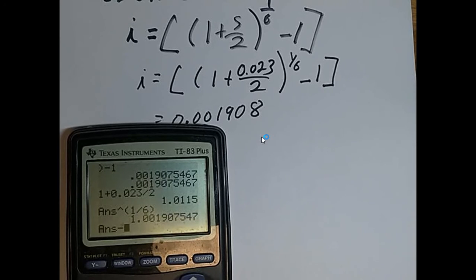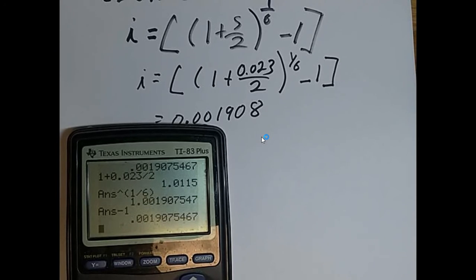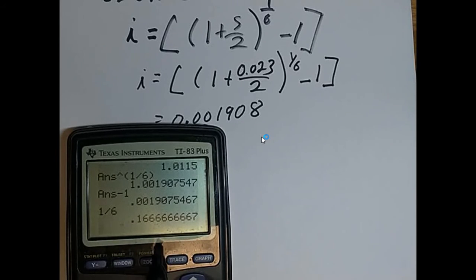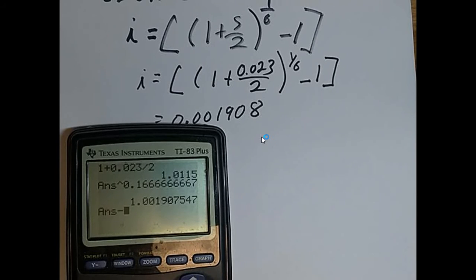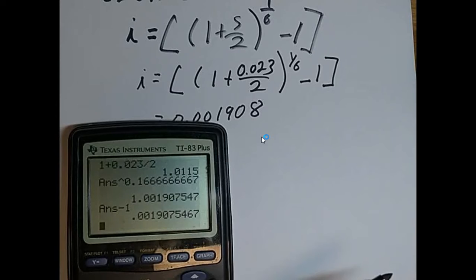And then you minus 1, and you get the same answer that way. 1 divided by 6 is 0.166666666, so another way is 1 plus 0.023 divided by 2, then exponent 0.166666667, enter, and then subtract the 1, and you get the similar answer. So that's how you find I.